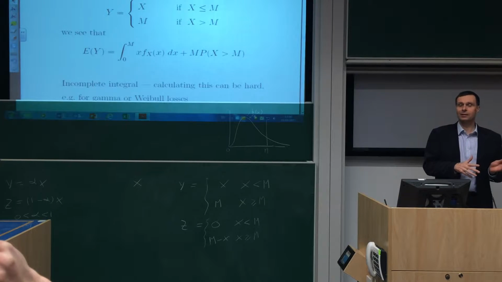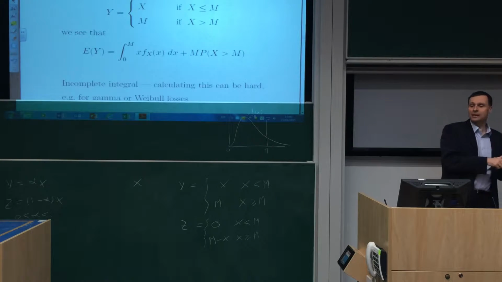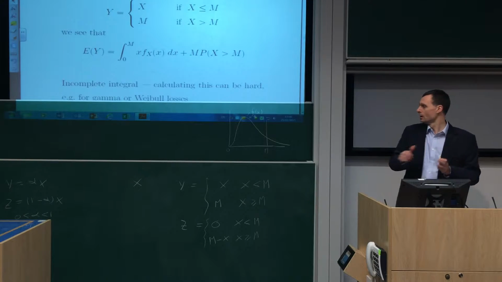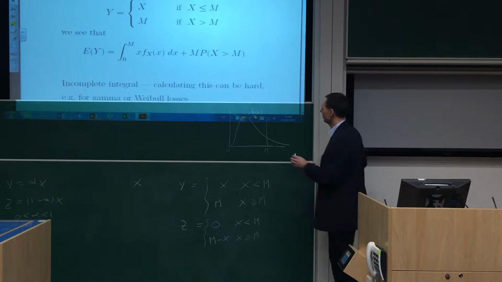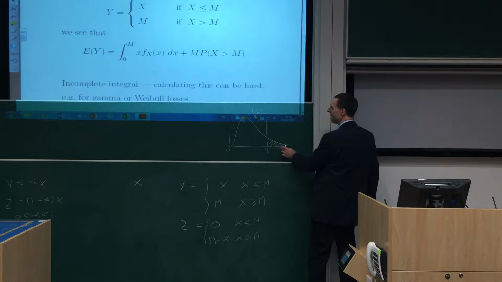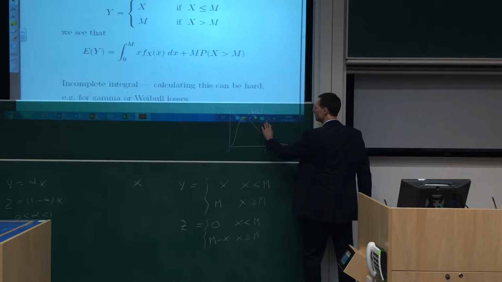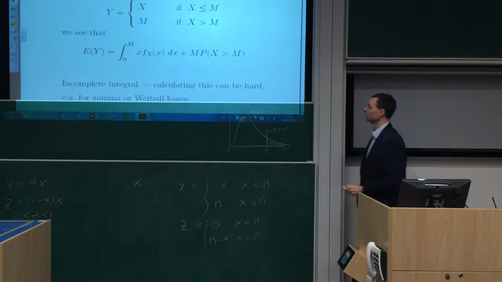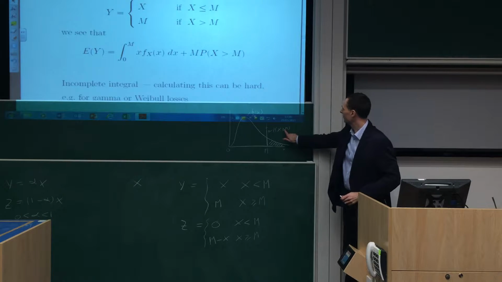If X is greater than M, then Y equals M exactly. So there is a probability that Y will equal M, and the probability that Y equals M is equal to the probability that X is greater than M. So if X is out here, then Y will sit here. This spike will have a height equal to the probability that X is greater than or equal to M.